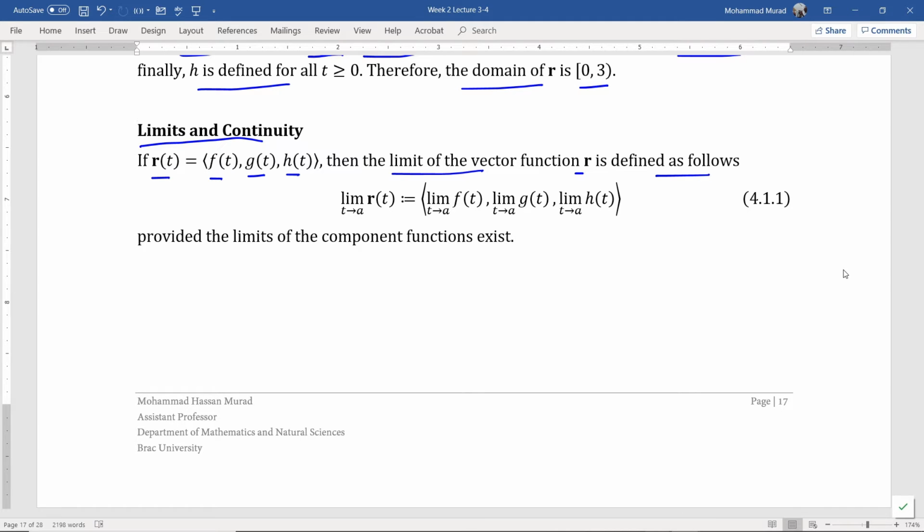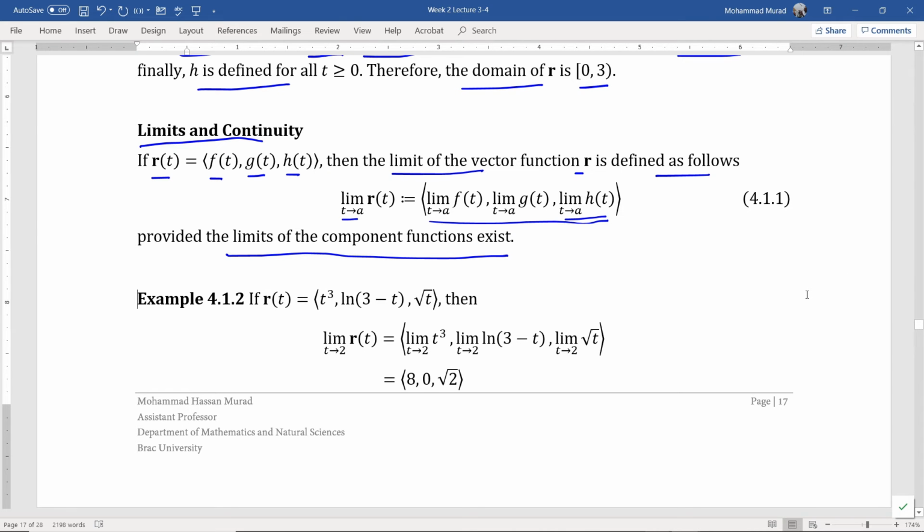The limit of the vector function R of t as t approaches a is a vector whose first component is the limit of the first component of the vector function as t approaches a, and the second component is the limit of the second component of the vector function R. Similarly, the third component of the limit vector is the limit of the third component of the vector function R, provided the limits of the component functions exist.